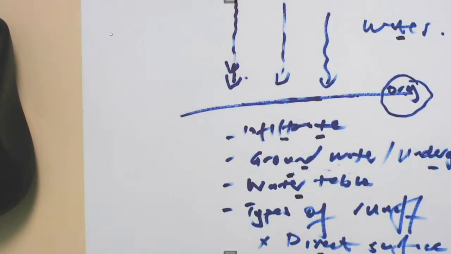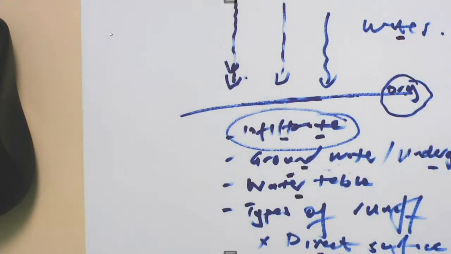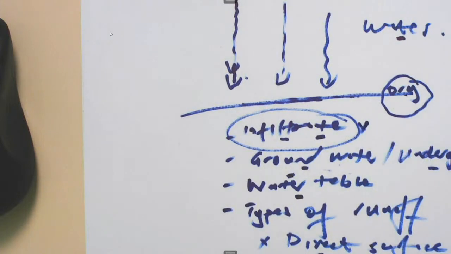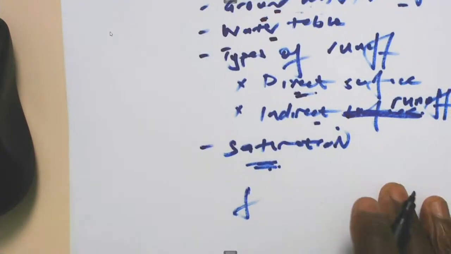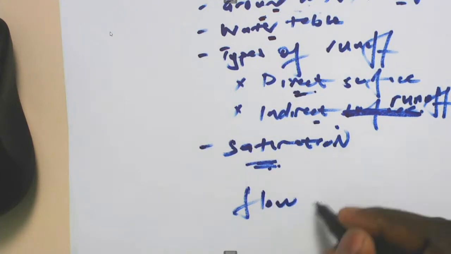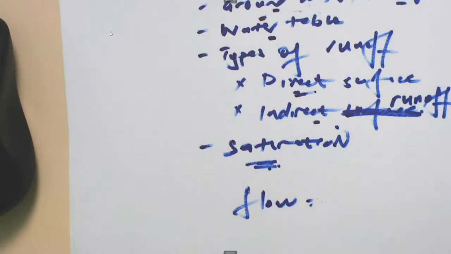Now, immediately when the water starts to infiltrate underground, if that water reaches a certain level, or if the land is full of water, then we talk about saturation. Once the land is full of water, that water will flow on top of the land surface.